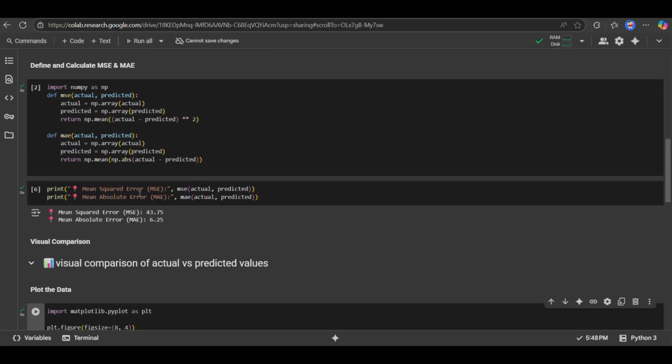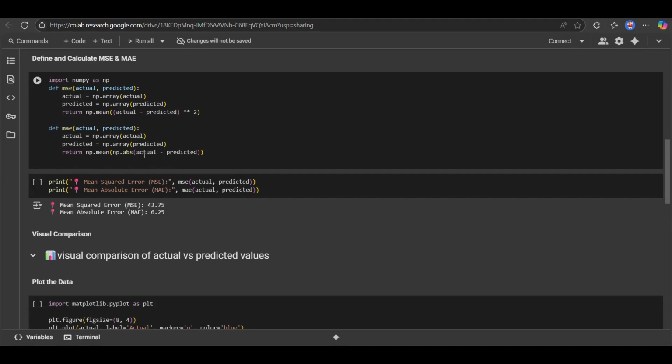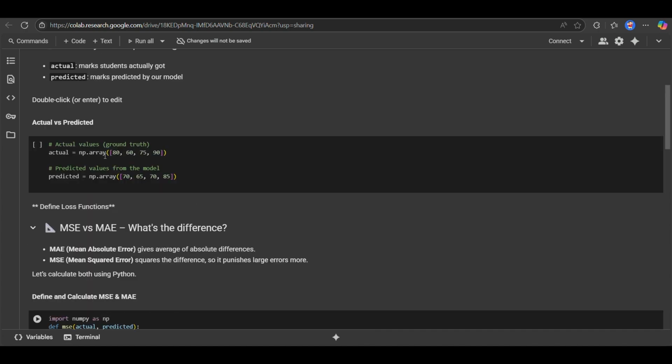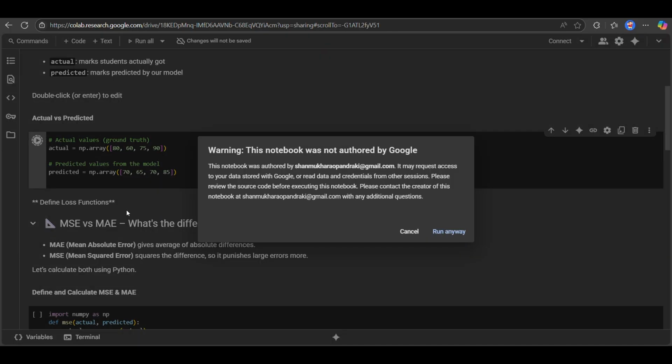So now for the numerical calculation, here you can also see we are subtracting the predicted from the actual and squaring it. First we'll run the cells.